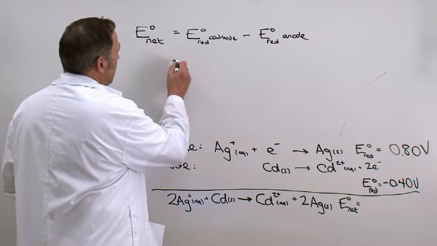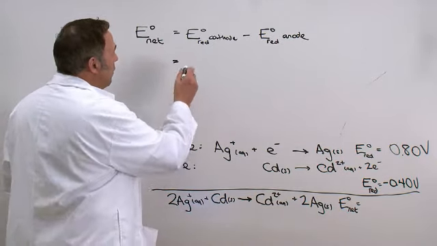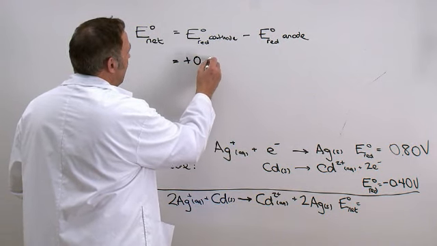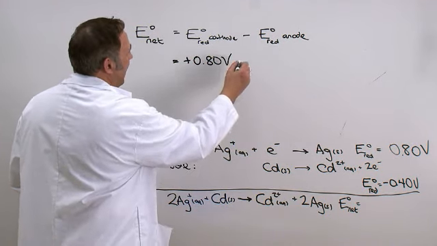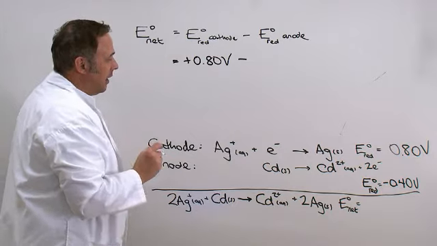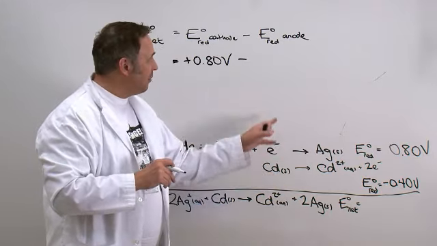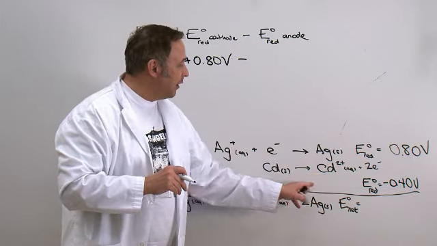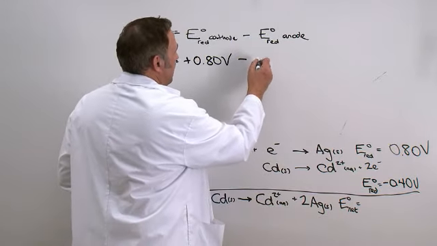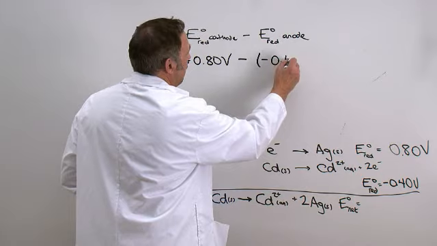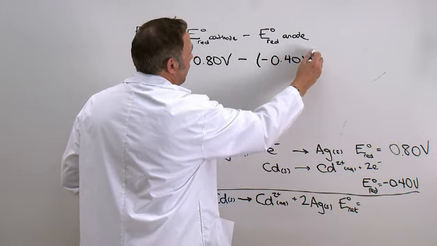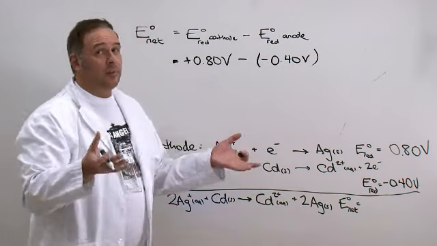So the reduction half reaction at the cathode is positive 0.80 volts, and I minus the reduction half potential at the anode, which is negative 0.40 volts.